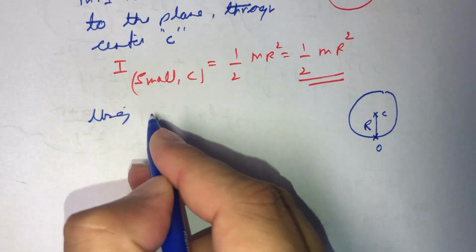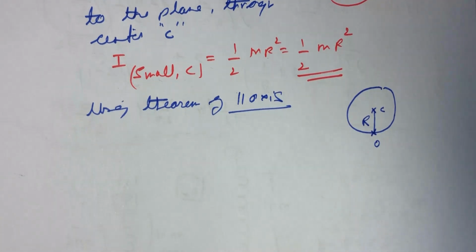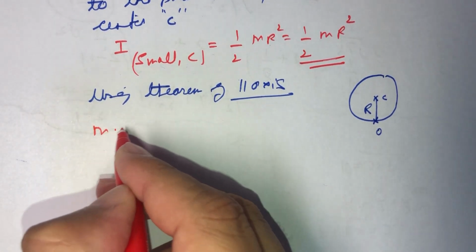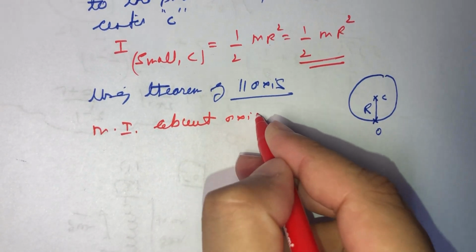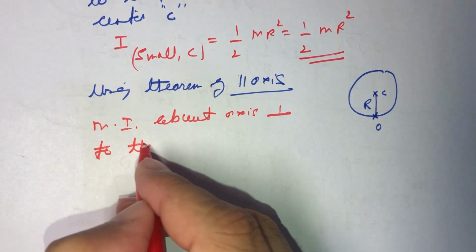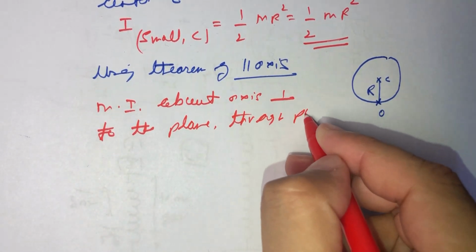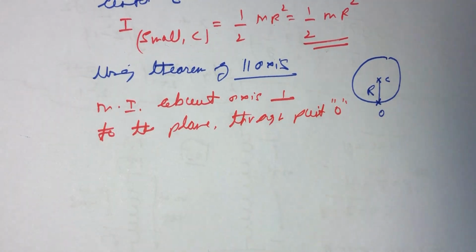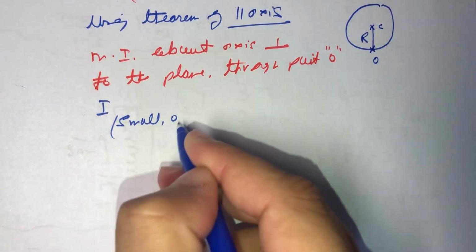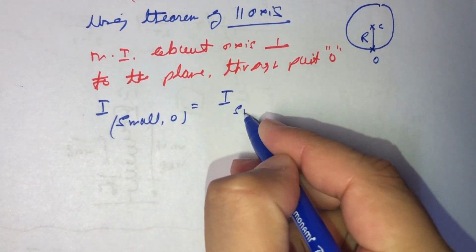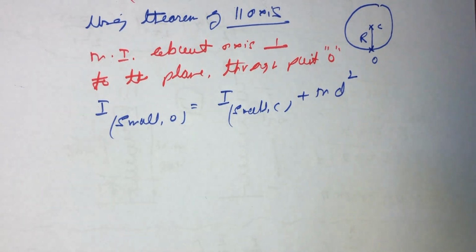So using the theorem of parallel axis, the moment of inertia about the axis perpendicular to the plane through point O, let us call this I small through point O, will be equal to I small through point C plus mass times the distance between the two parallel axes squared.